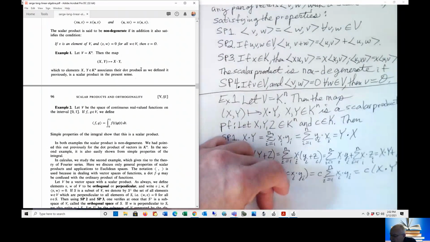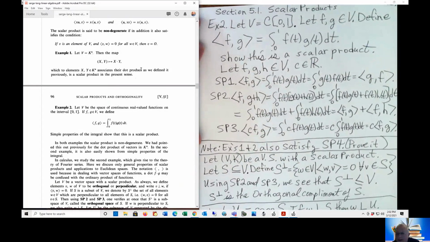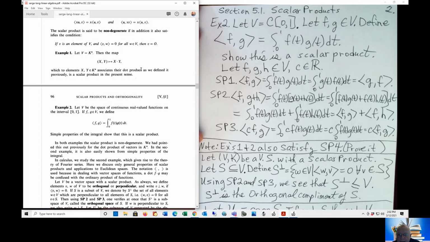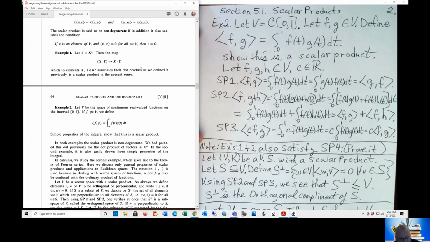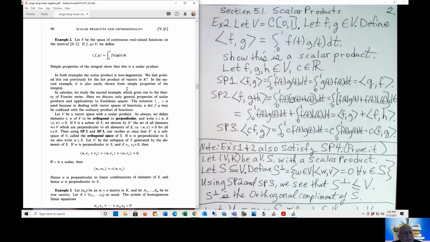All right, so let's look at example 2. A very important example in calculus where we're defining a scalar product using a definite integral. Now, suppose our vector space V is the set C on the closed interval 0, 1. That means the set of all continuous functions on the closed interval 0, 1.